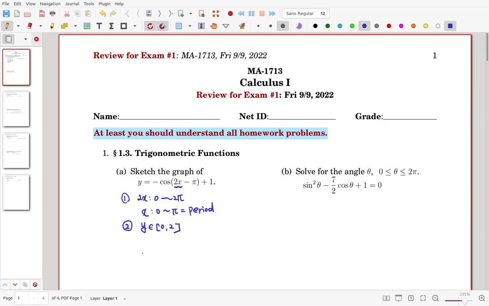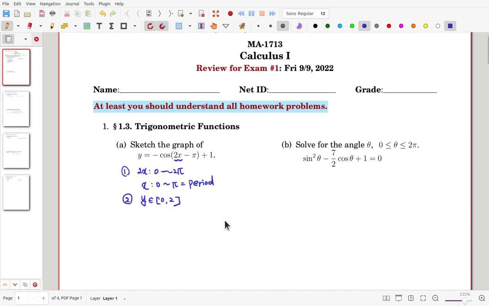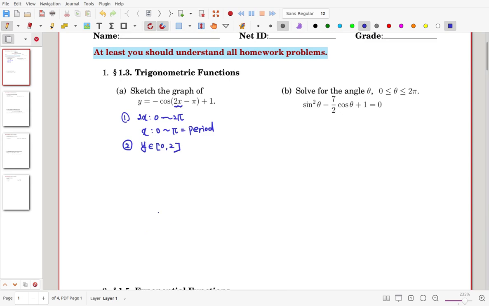It is all the way oscillatory, so we can make the graph in this way. Here is the x-axis and that is the y-axis, and between 0 and 2, so that is 0 and that is 2. This function will make some oscillation between 0 and 2.